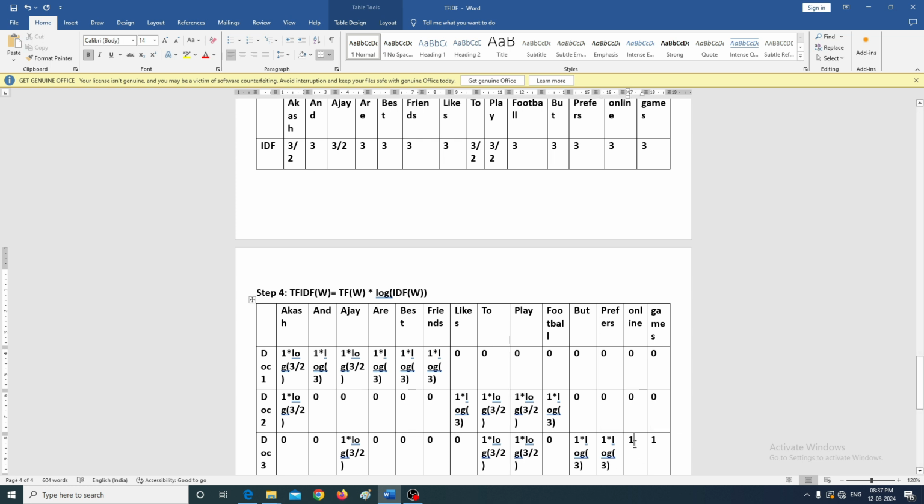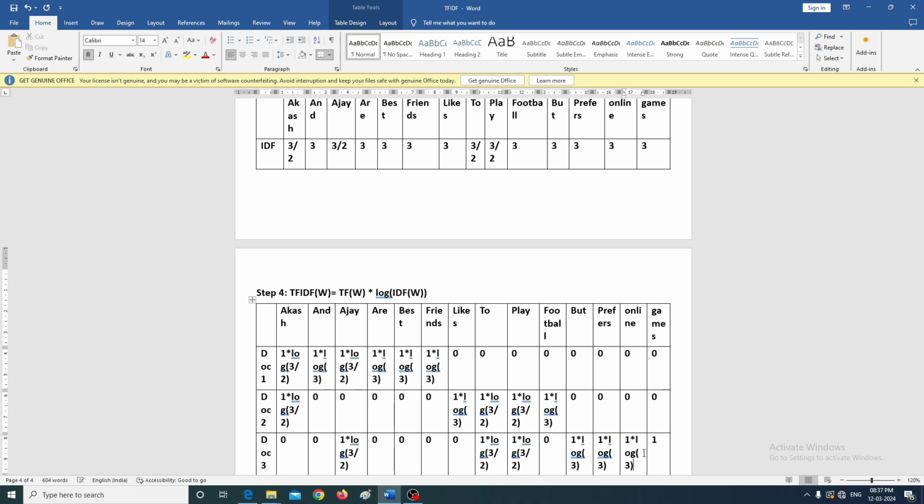Next word, online. Online word, we have only one time. One is the term frequency of the online word. I am multiplying this with log of IDF of online word, which is 3. I am placing 3 here. This value, 1 into log of 3, would be the TF IDF of online word. Next, last, games word we have.